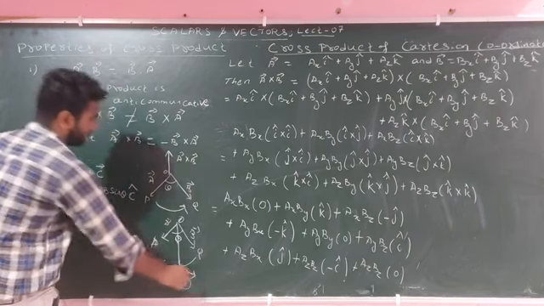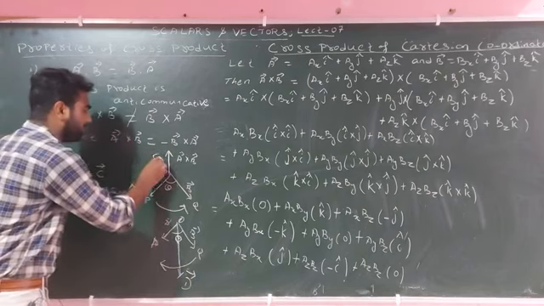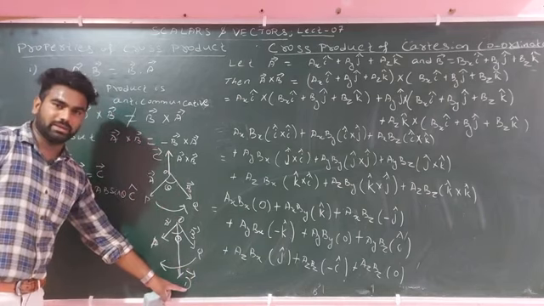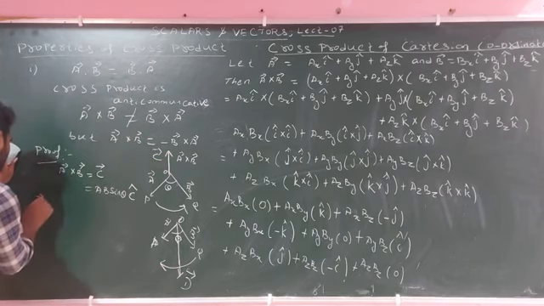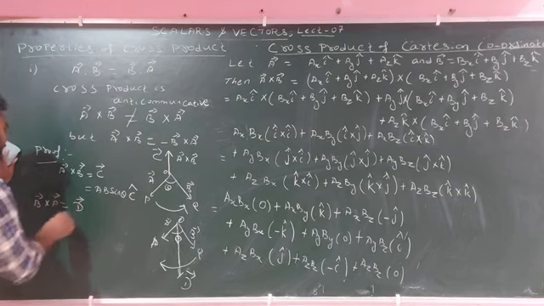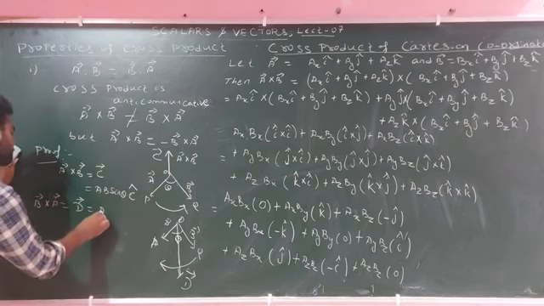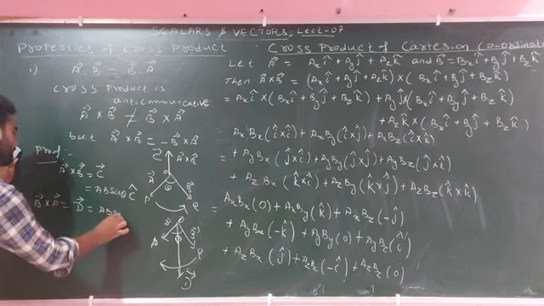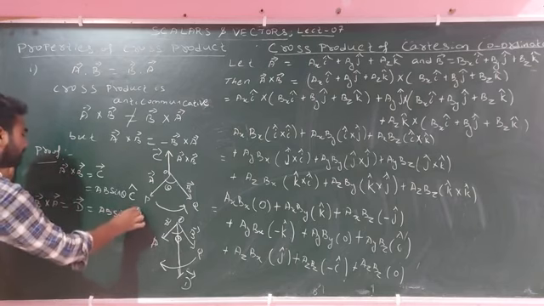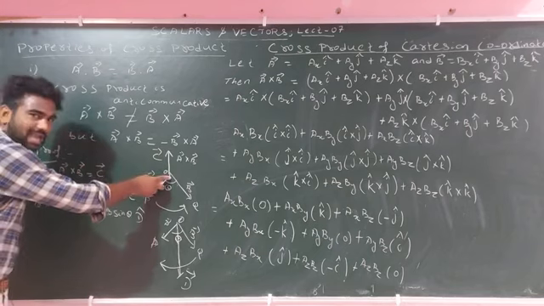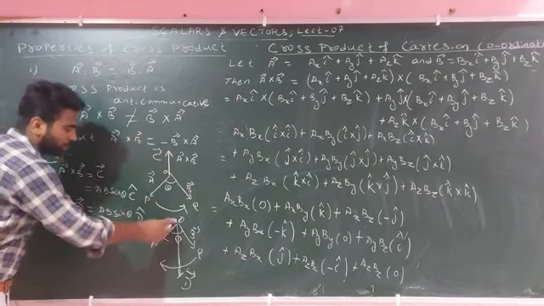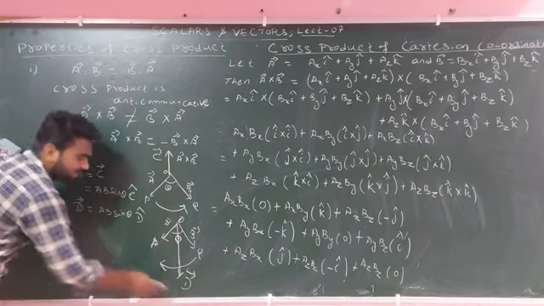This is your C vector, and the single vector becomes D vector. So B cross A, consider D vector, which equals AB sin theta D cap. Clearly, C cap is directed upward, but D cap is directed downward.